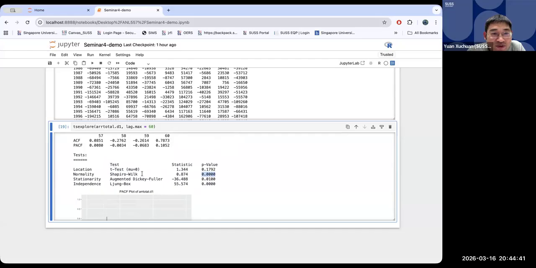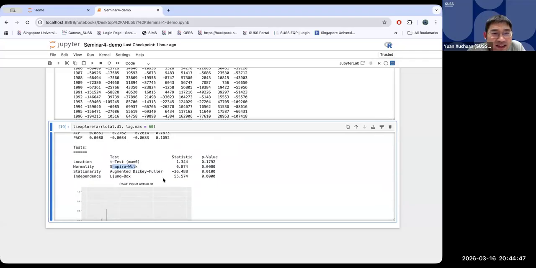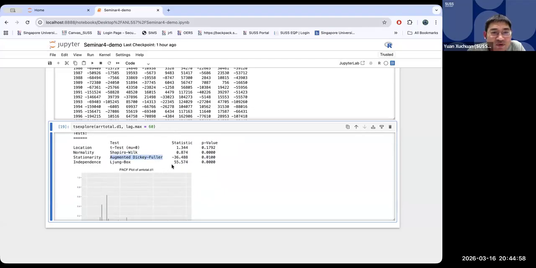So this is why you reject the normal. It's not normal. The residuals are not normal, right? And for ADF, you reject. Reject means it is stationary, right? The residuals are stationary, so you need to do further.